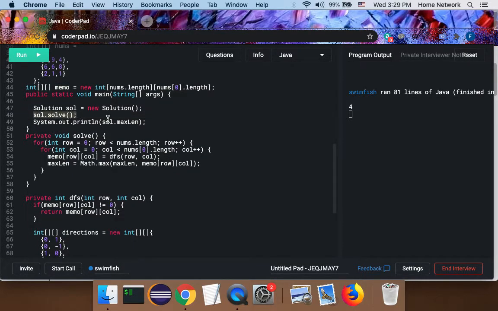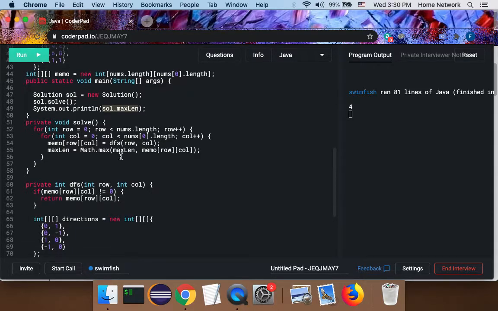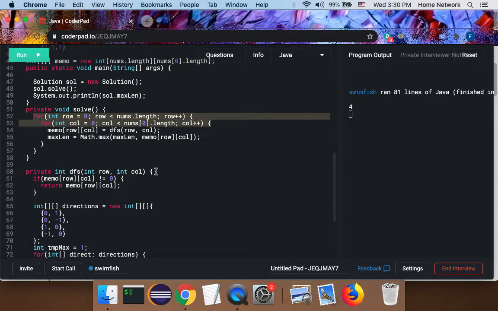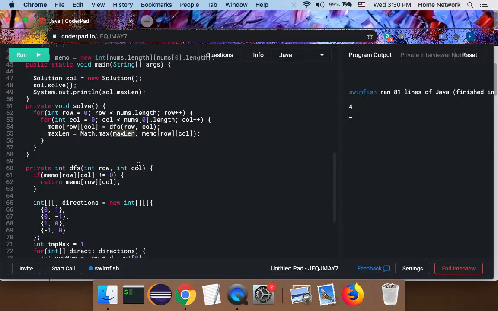After we run the solve, we print out this longest path length. So this loop goes through each vertex in the matrix, and we run the DFS. Once we process the DFS, we put the result into the memoization, and we update the max length.